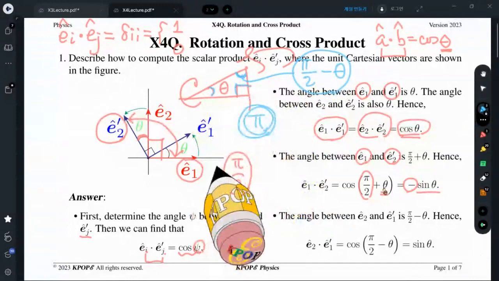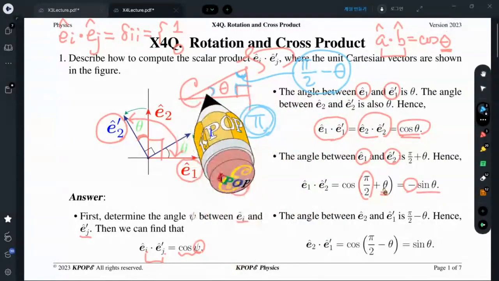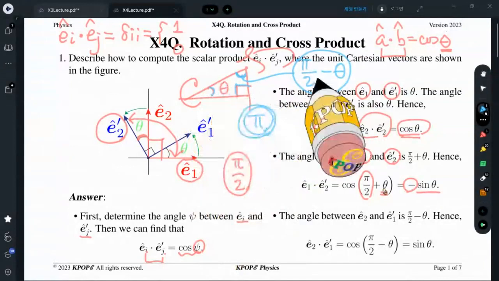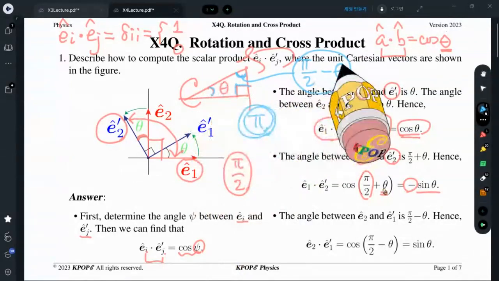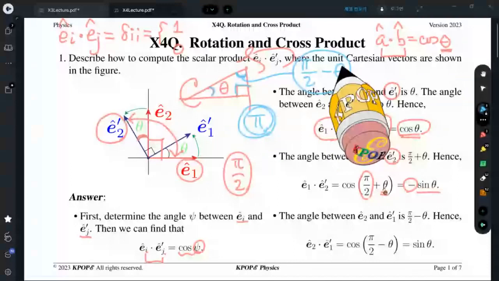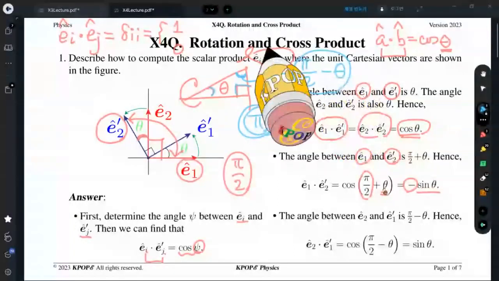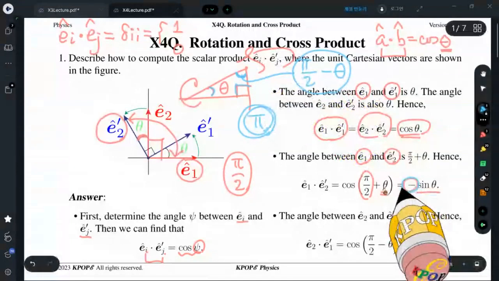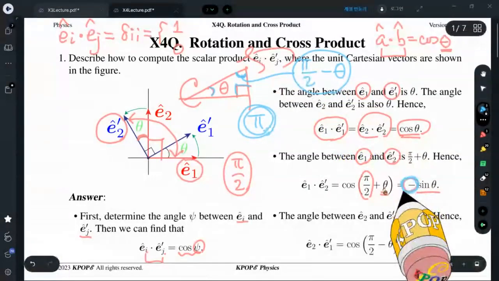Therefore, if it is a right triangle, exchange of theta and half of pi minus theta exchanges cosine and sine. In addition, you need to consider the sign difference if it is possible.